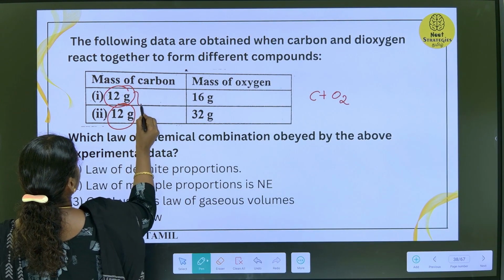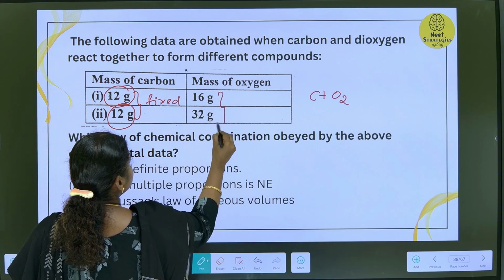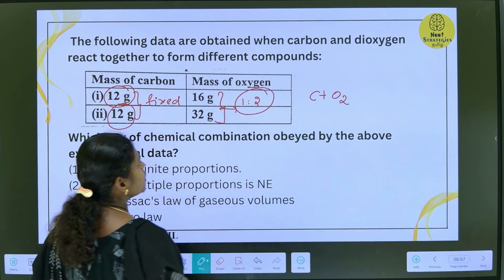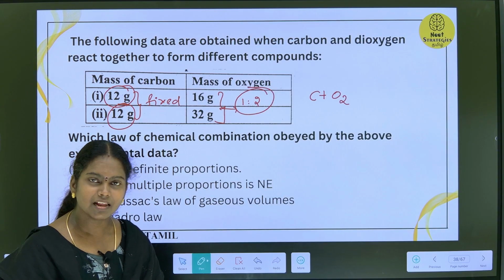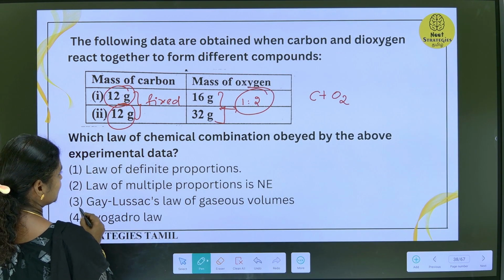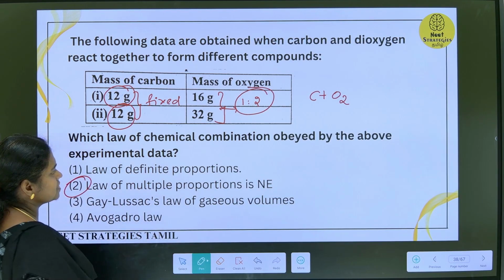Then oxygen is in the simplest whole number ratio, 1:2. So this belongs to the law of multiple proportions. Right?